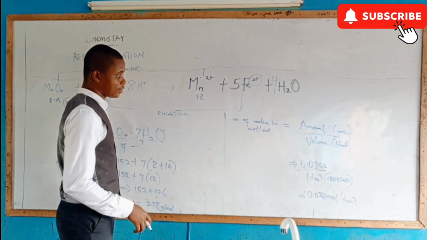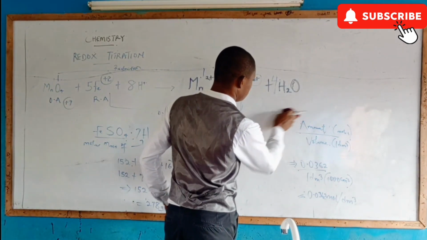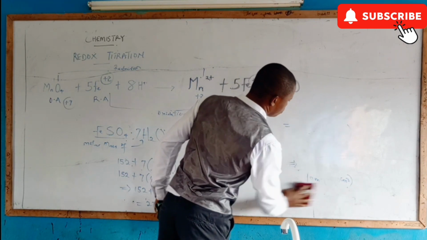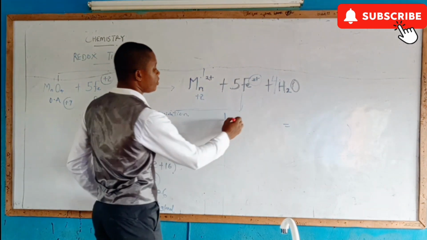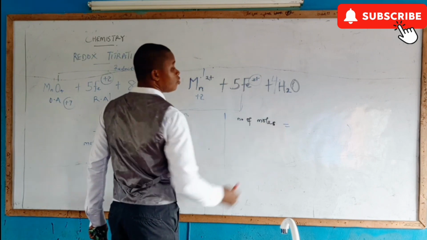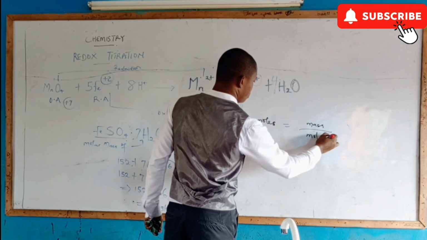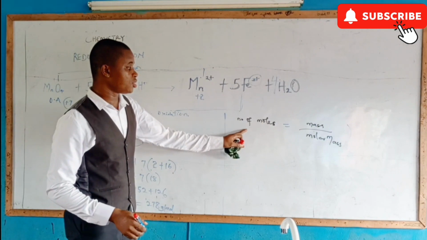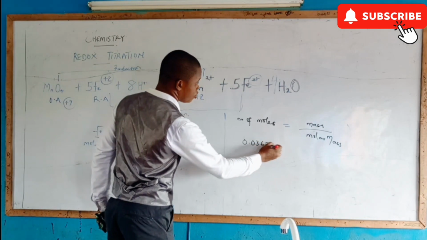Now, in order to achieve that, from number of moles, which is mass over molar mass, the number of moles is expected to be the same, 0.0362.